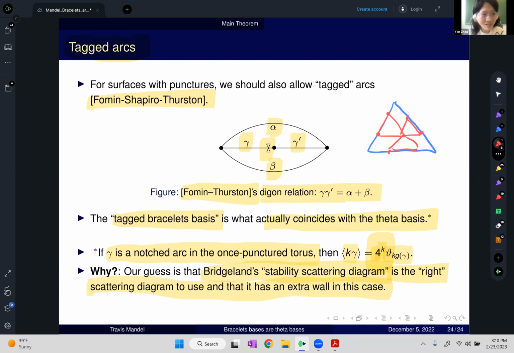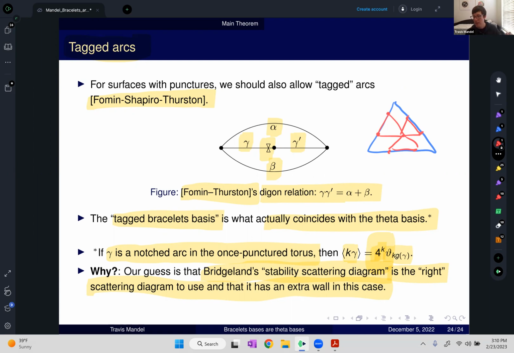But even in the rank 2 case, rank 2 local systems, do people know that the theta basis coincides with the Fock-Goncharov basis? The Fock-Goncharov basis for the SO2 cases is the same as the bracelets basis. I should have mentioned that.